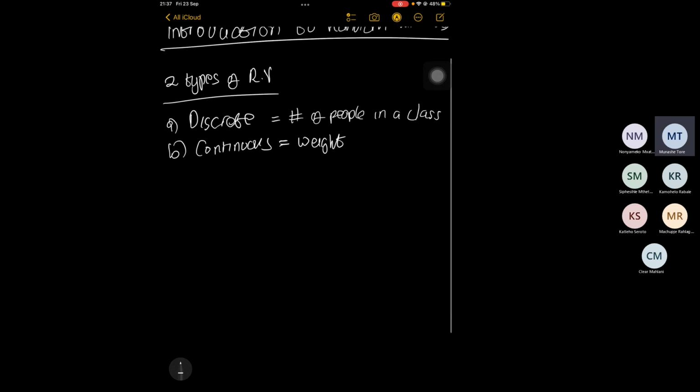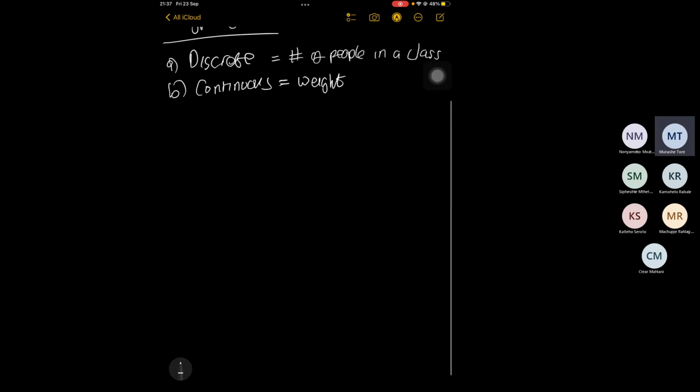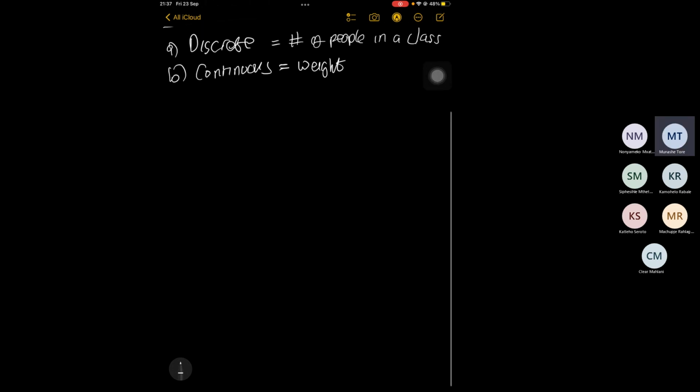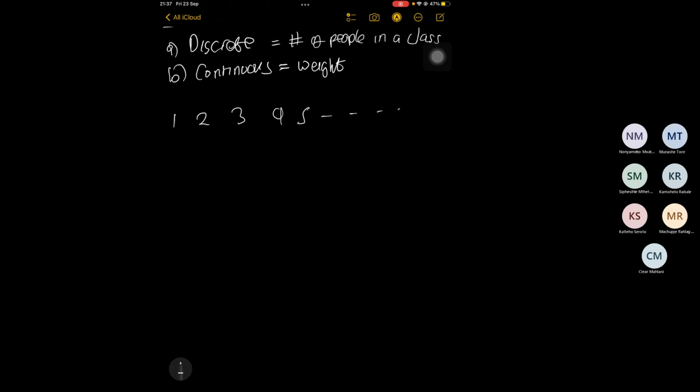So what discrete means is that whatever computation you are going to make will get exact values. Let's assume you're counting the number of people within a confined space. You can only have 1, 2, 3, 4, 5, etc. number of people. There's no way that you can have 1.3 people, you see.